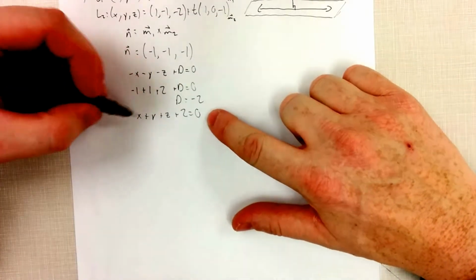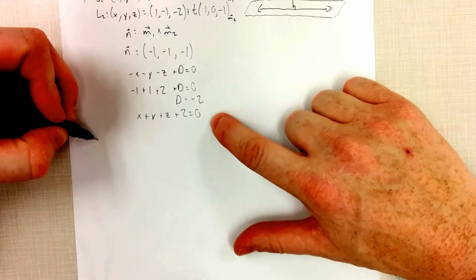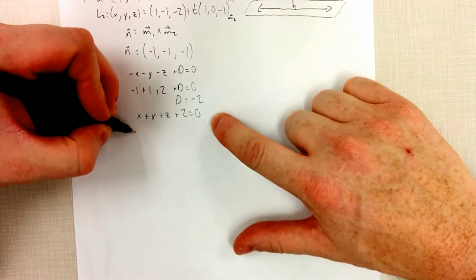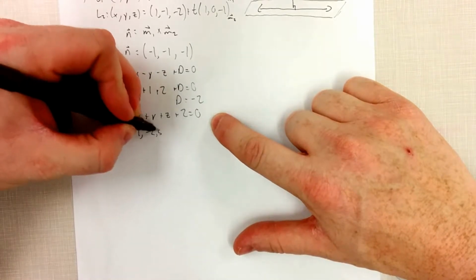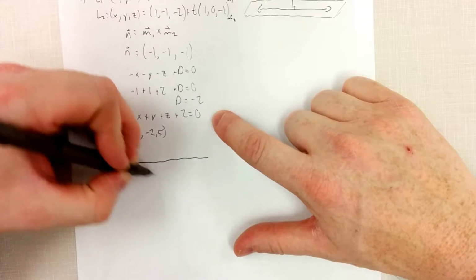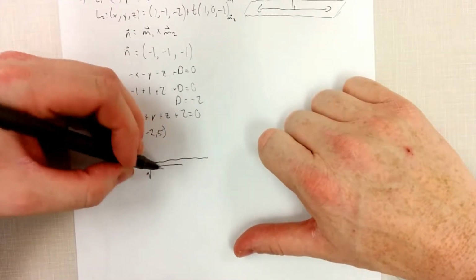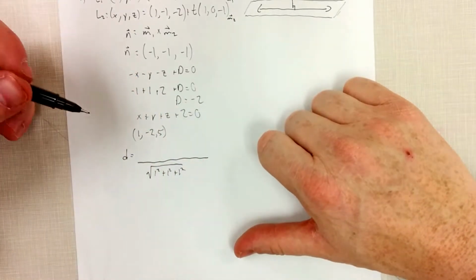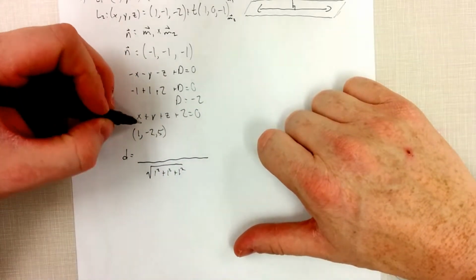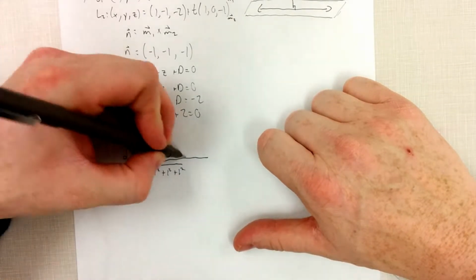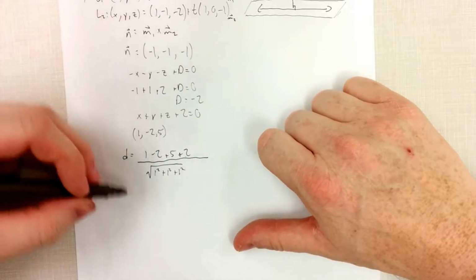So now I'm calculating the distance from this plane to the point 1, -2, 5. The distance is going to be equal to, down here, 1 squared plus 1 squared plus 1 squared for the magnitude of the normal, and up here it'll be 1 minus 2 plus 5 plus 2.